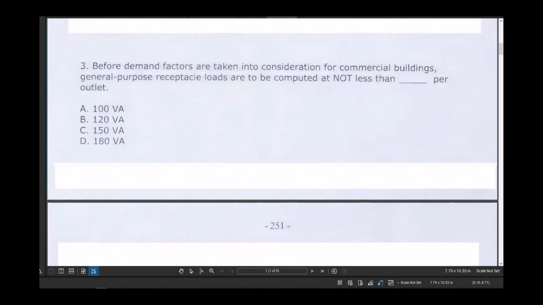Question 3. Before demand factors are taken into consideration for commercial buildings, general purpose receptacle loads are to be computed at not less than A, 100 volt-amps, B, 120 volt-amps, C, 150 volt-amps, D, 180 volt-amps per outlet.